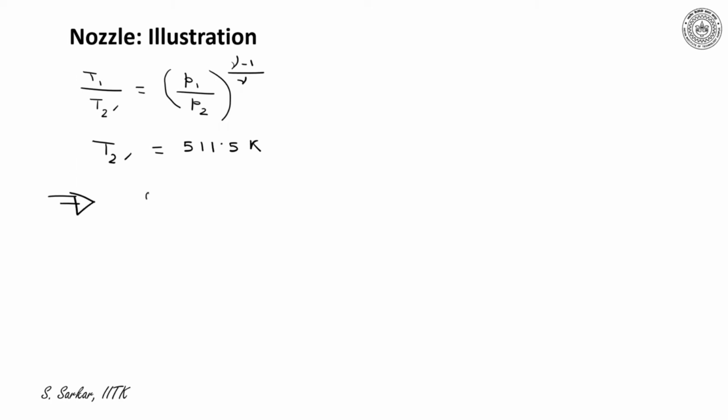Now, using the definition of efficiency, I can write 0.94 is equal to 698, the inlet temperature, minus T2, the actual temperature at exit, divided by 698, the inlet temperature, minus the isentropic temperature T2 dash.